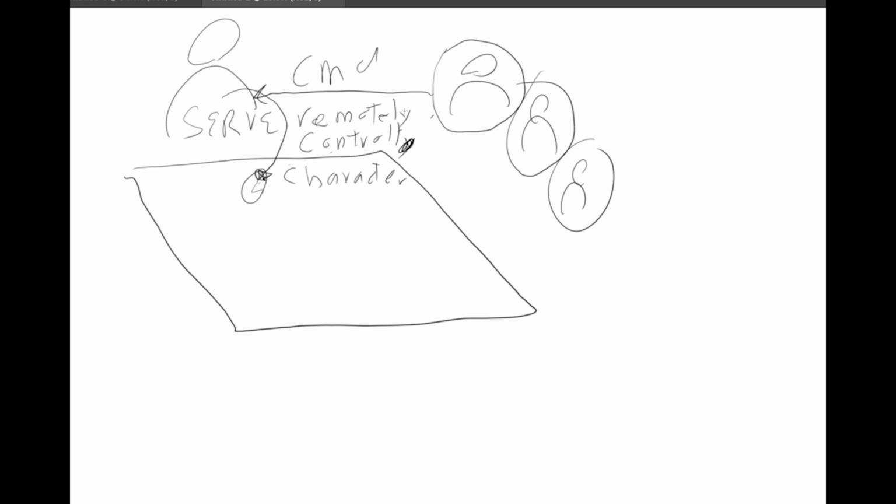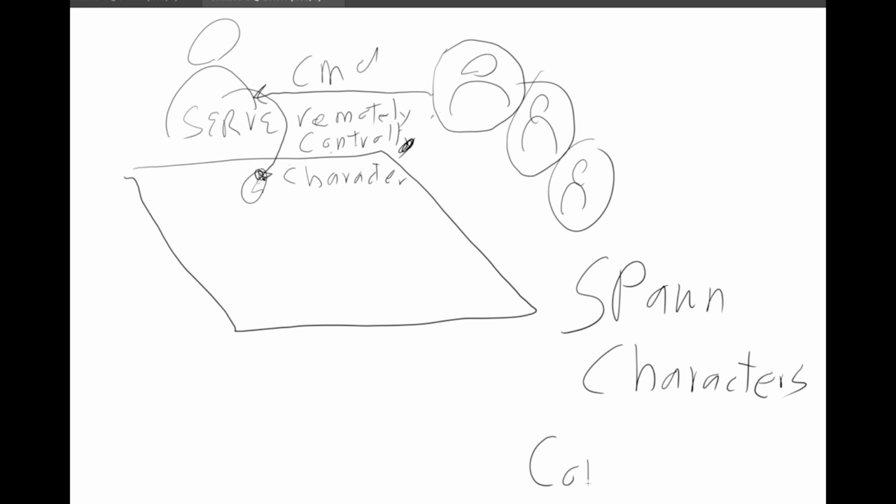So this is what we're going to be doing in this tutorial: we're going to be spawning our characters, and then controlling them. Although I don't know if we're going to get to controlling in this video. We'll probably do that next video. That's our next two objectives.